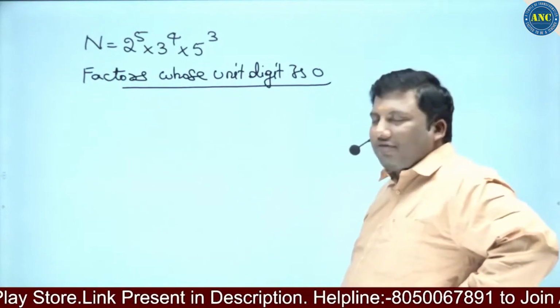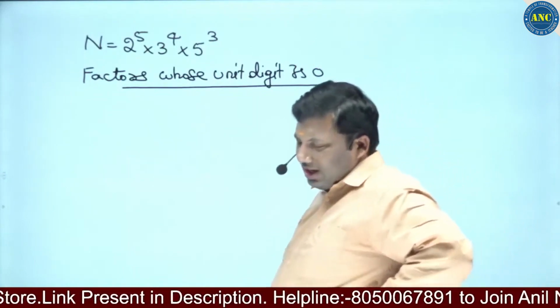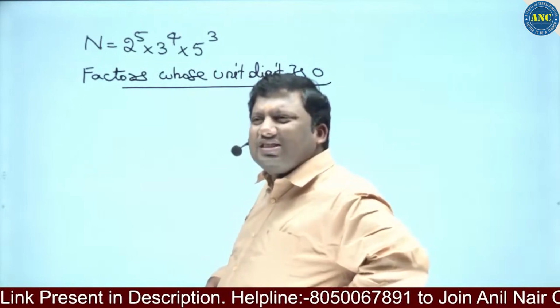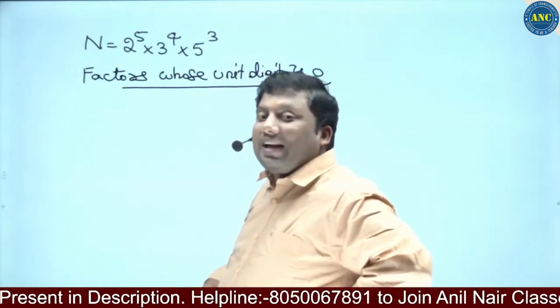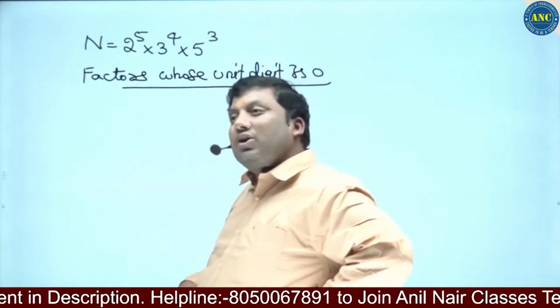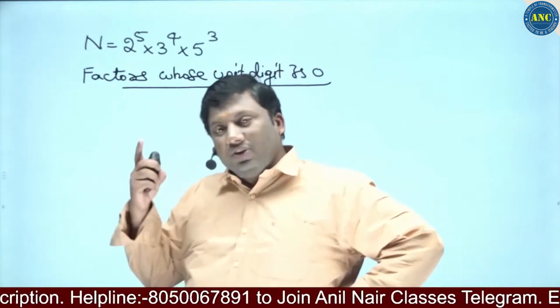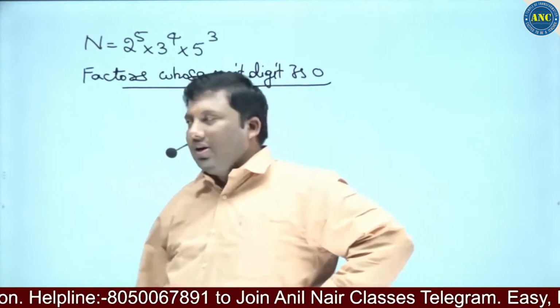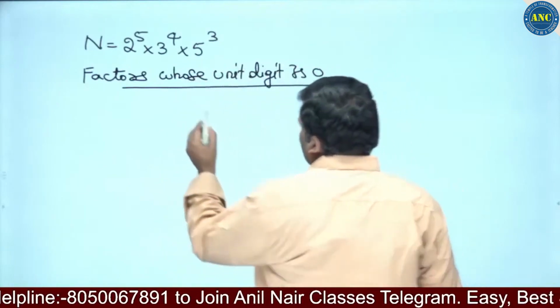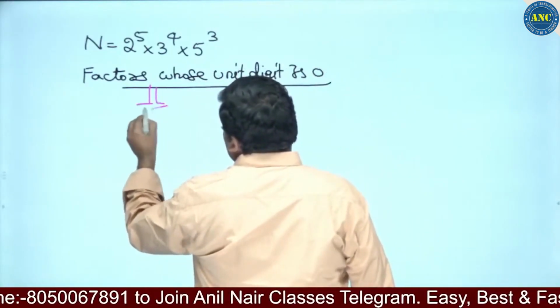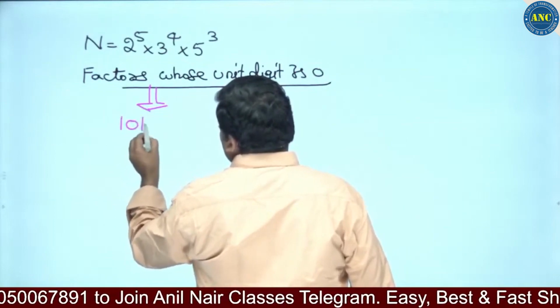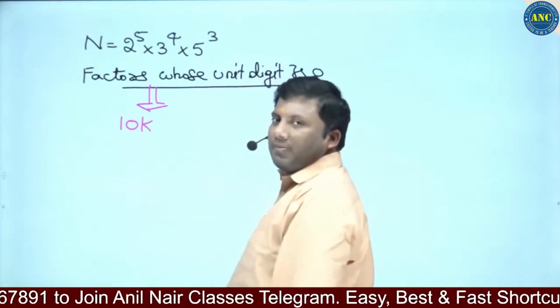Now listen carefully. What is the smallest natural number whose unit digit is 0? 0 cannot be taken, 10 can be taken. Next number 20, next number 30, next number 40. 100 has unit digit 0, 1000 has unit digit 0. A factor whose unit digit is 0 is nothing but a multiple of 10.